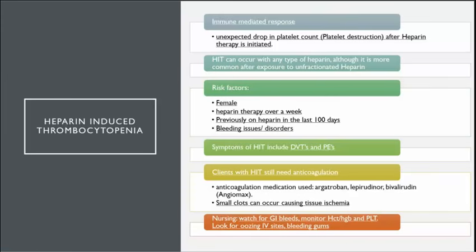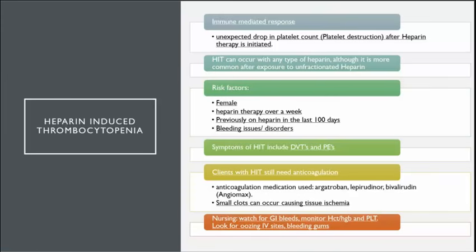So let's say your patient had the gallbladder removed, and maybe the surgeon accidentally did something, and then all of a sudden they get a pulmonary embolism. But prior to this gallbladder removal, they were on heparin 2 months ago for something else.